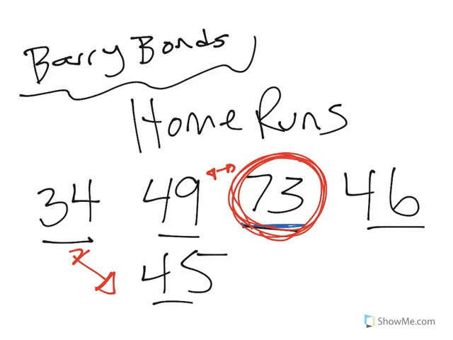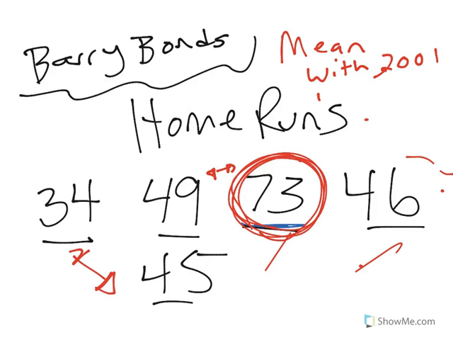Something it's going to ask you to do in homework is to find the mean with 2001 and without. And it might say something like, which one is a better representation?